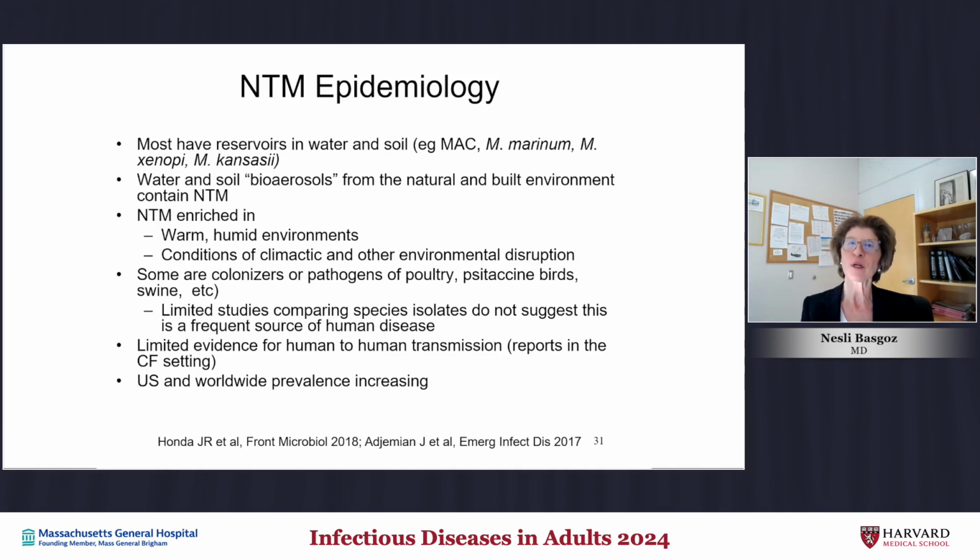You've already heard from Dr. LaRocque about how big an impact this is having in the ID world. Some are colonizers or pathogens of poultry, other birds, swine, etc. And limited studies comparing species isolates do not suggest this is a frequent source for human disease. There's very limited evidence for human-to-human transmission, though there are reports in the CF setting of this. And US and worldwide prevalence are increasing.